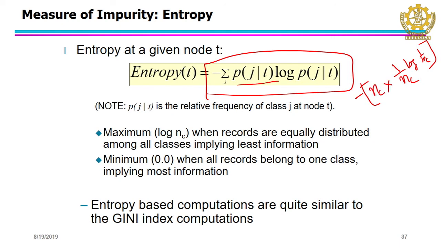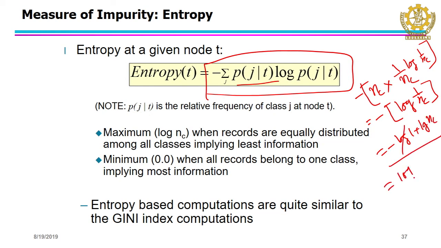So, you multiply it. So, you will get here log 1 by NC. This will give you minus log 1 plus log NC. So, you get log NC. So, this will be the maximum value and the minimum value is 0.